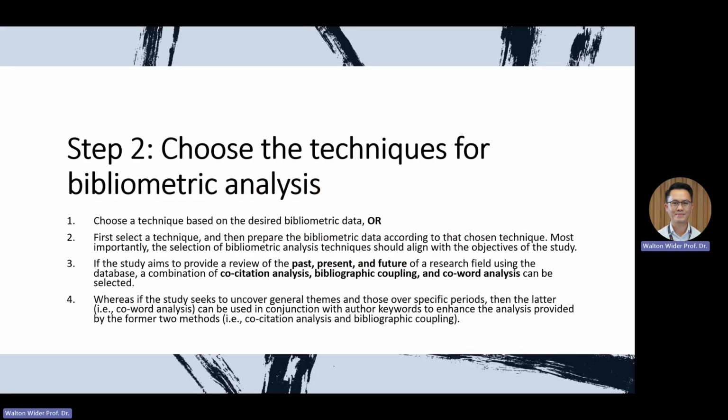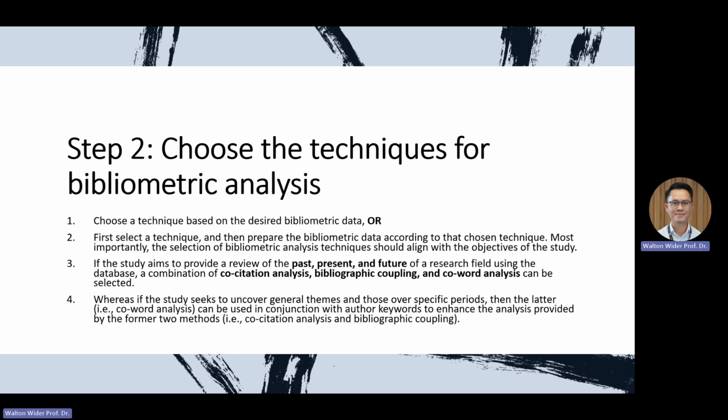So secondly, after you have established the aims and scope, the next step is to choose the appropriate bibliometric analysis techniques. All right. So these decisions should be based on specific types of bibliometric data that will best serve the objective of your study.